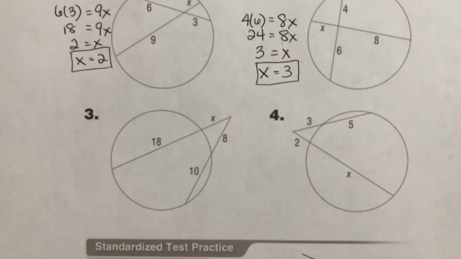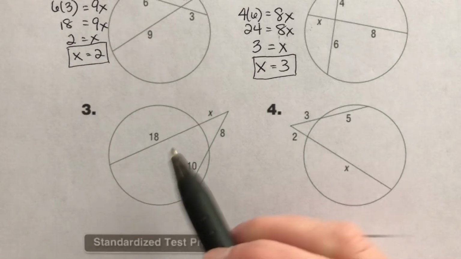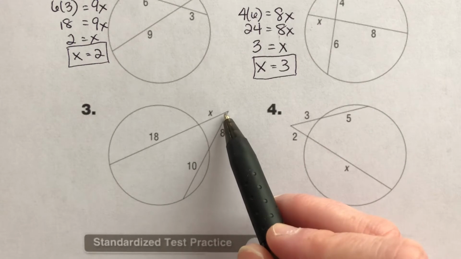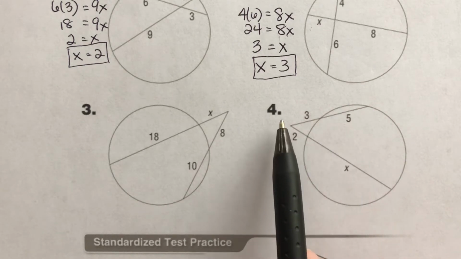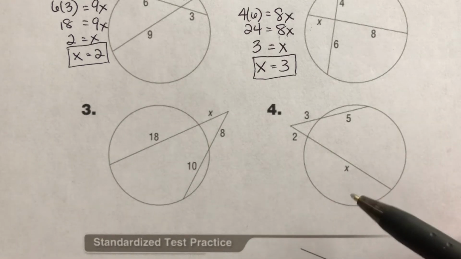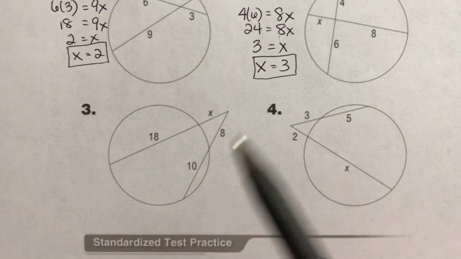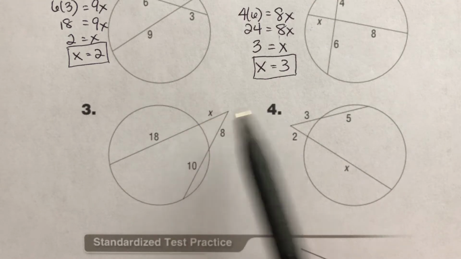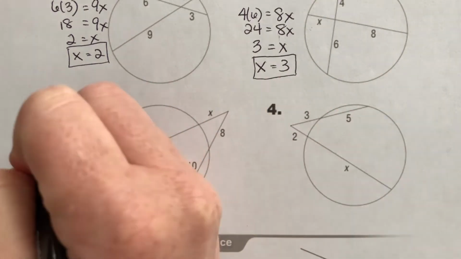Okay, moving on down to 3 and 4, we've got 2 secant lines here that intersect outside the circle. I was thinking we had a tangent, but it's 2 secant lines. So for number 3, I'm going to multiply the entire line by just the portion outside of the circle.